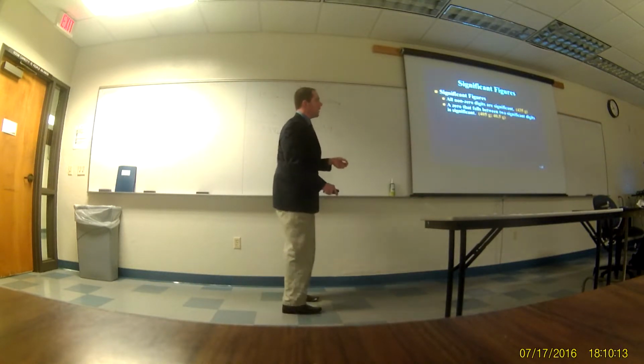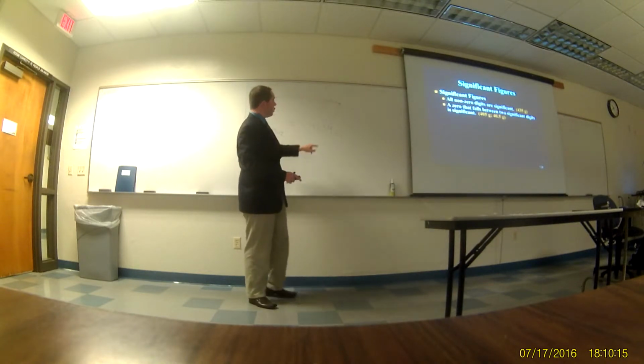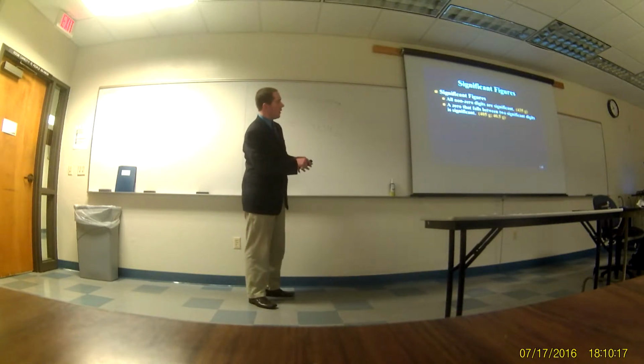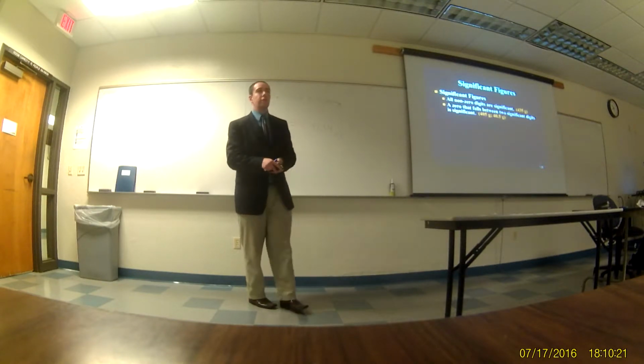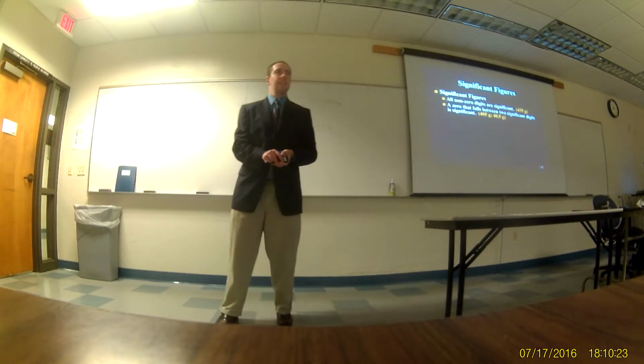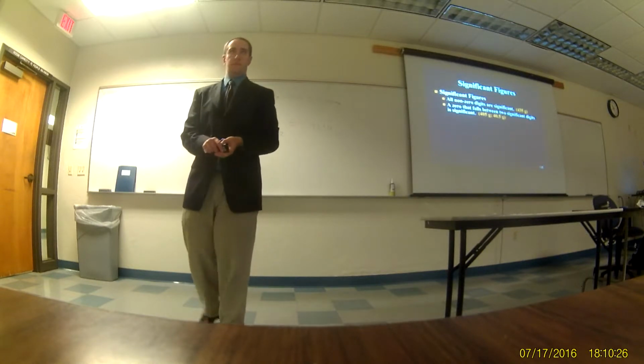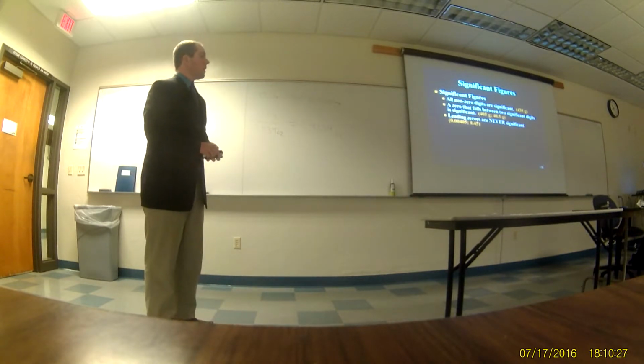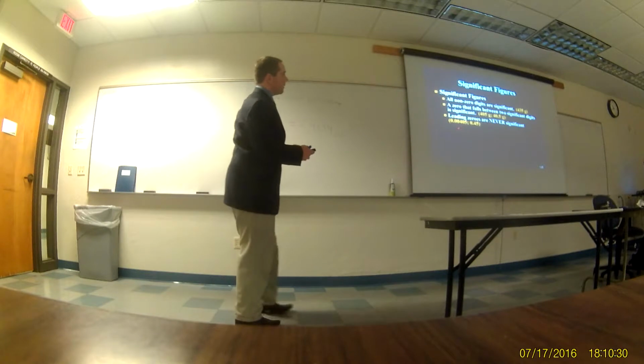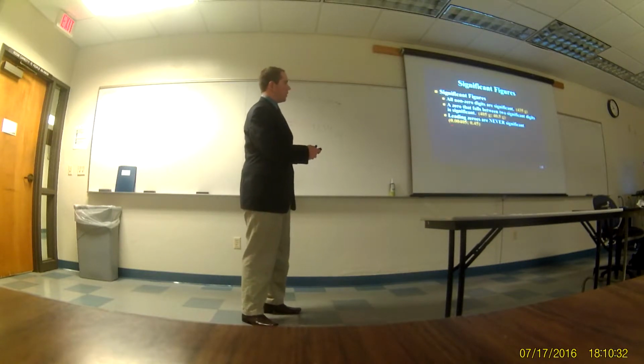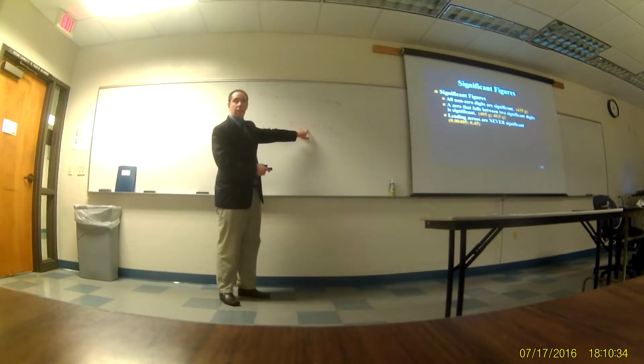If you have a 0 that's between two non-zeros, like that 0 and that 0, those zeros are significant. Leading zeros, the zeros at the beginning of our number, are never, ever significant.